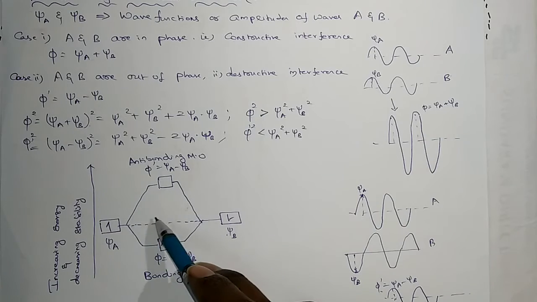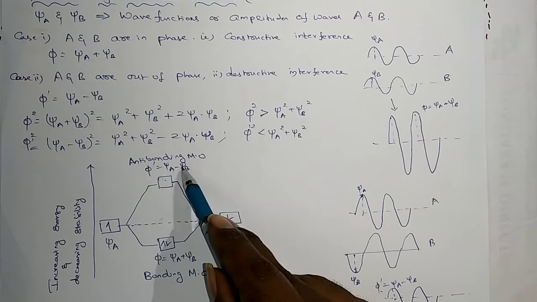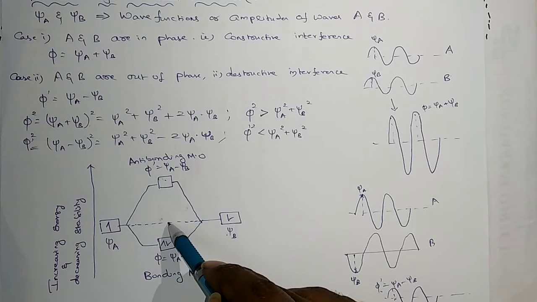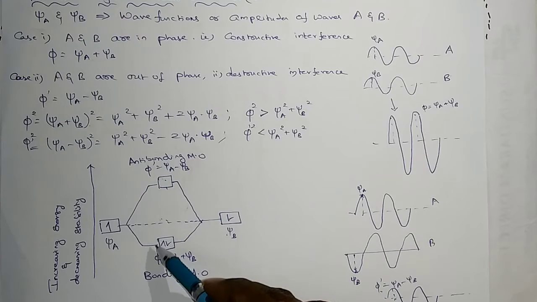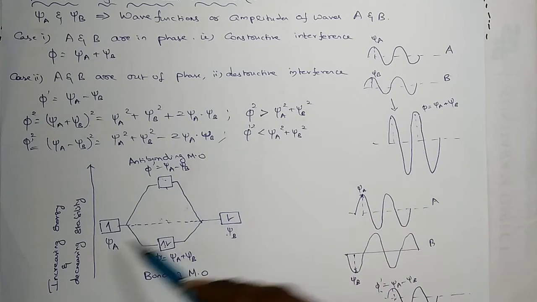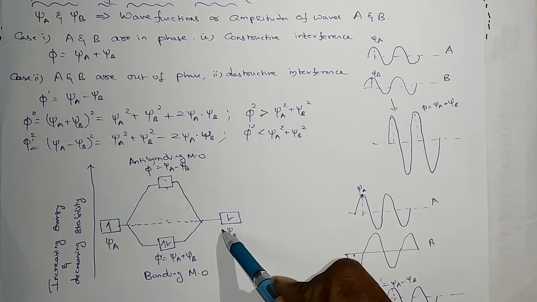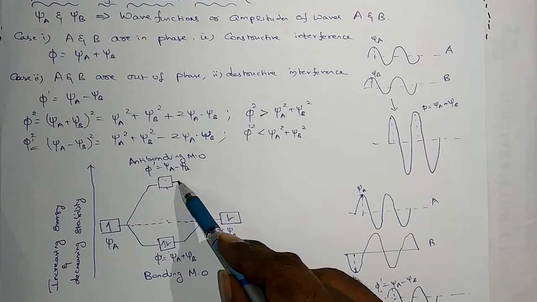The energy of the antibonding molecular orbital is raised by an amount greater than the amount by which the energy of the bonding molecular orbital is lowered. Right, so when two atomic orbitals combine, we form two molecular orbitals, the bonding molecular orbital and the antibonding molecular orbital.